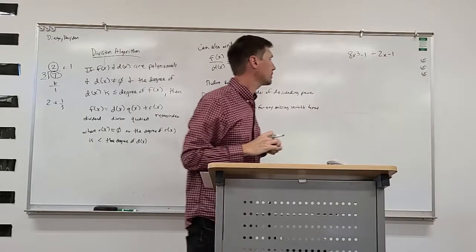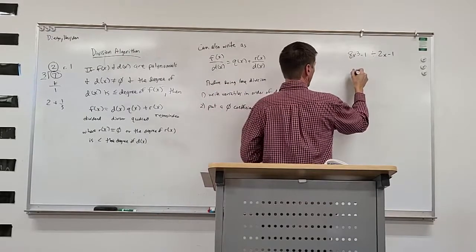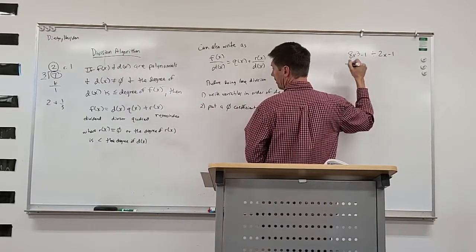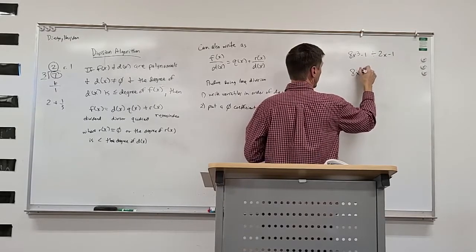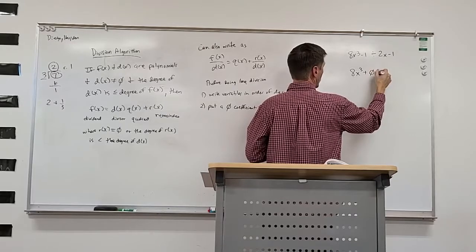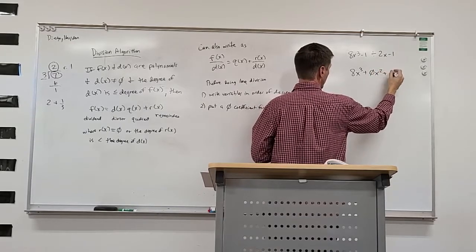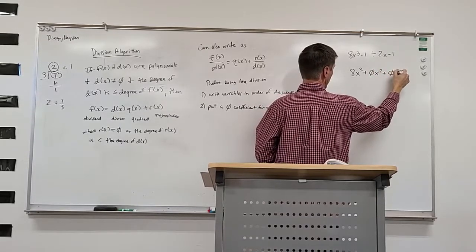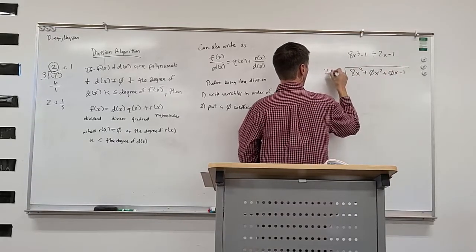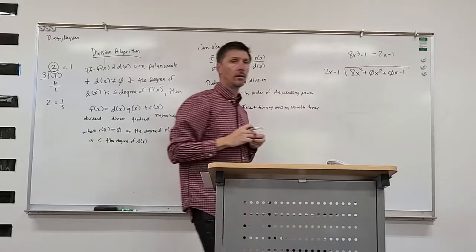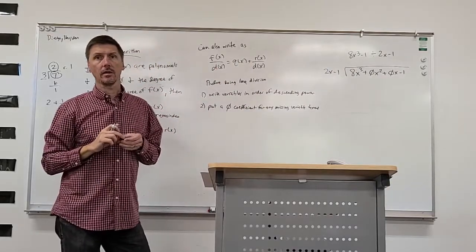Right? So the first thing we want to do is when we're writing our dividend here, we're going to put 0 coefficients in front of all the missing x terms. So we're going to write it like this. And then we'll put our divisor out here. Very good with that?